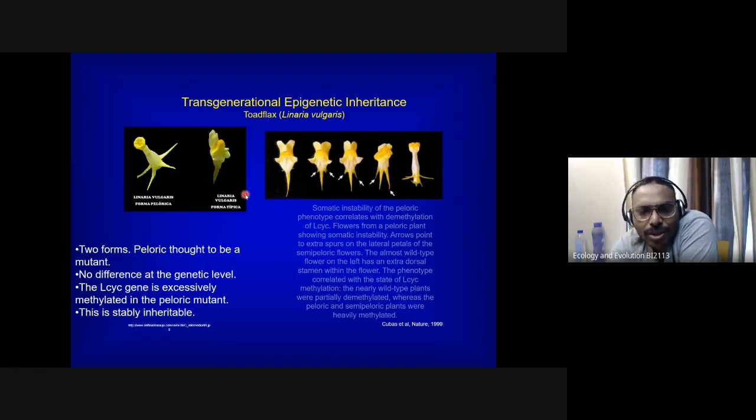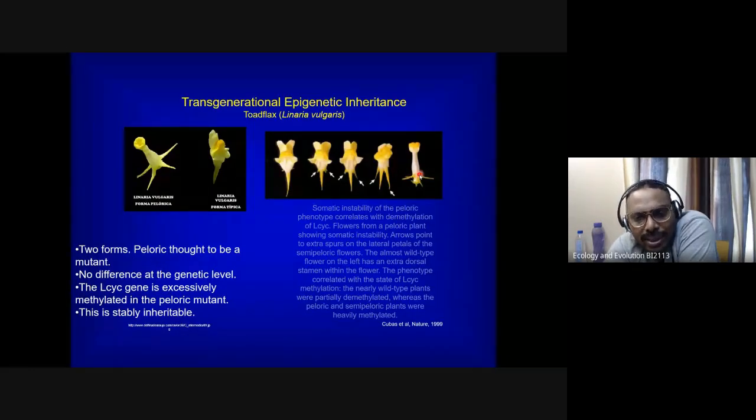So they arranged these flowers in order of increasing spur length, and then they checked the methylation levels, and interestingly they found that this has the least, this has the most, and the methylation level actually increases as you go from left to right.